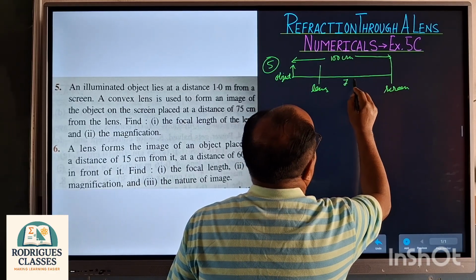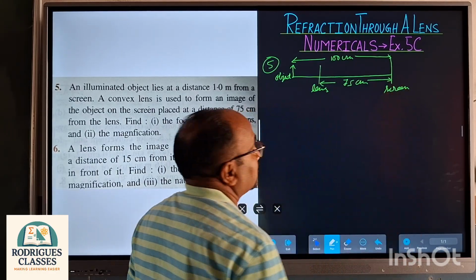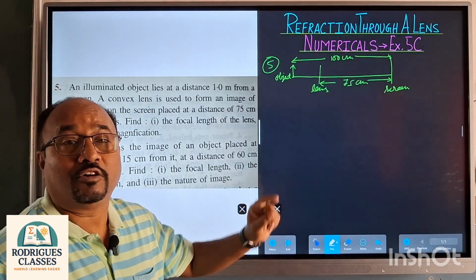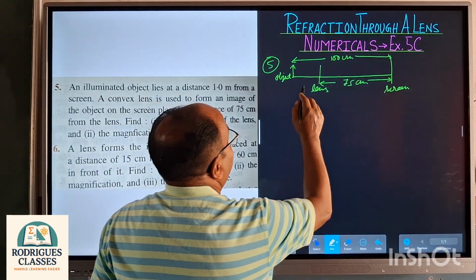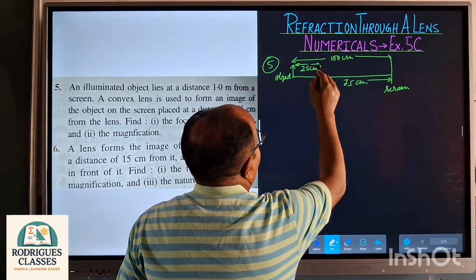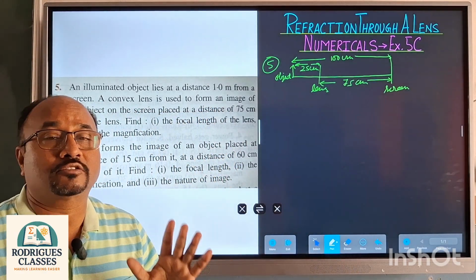This distance is 75 centimeter. So lens here, object here. Object distance will be 100 minus 75. That will give you 25 centimeter is your object distance. So this question was to be understood properly.